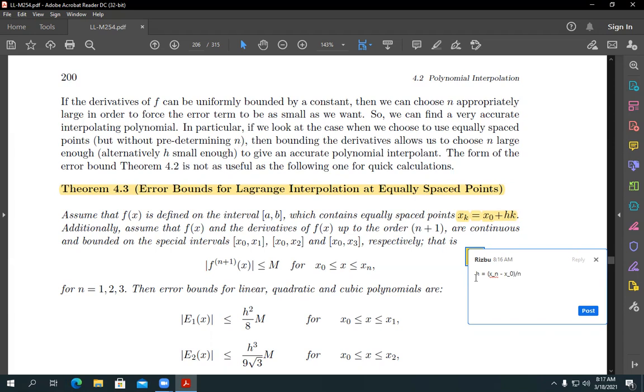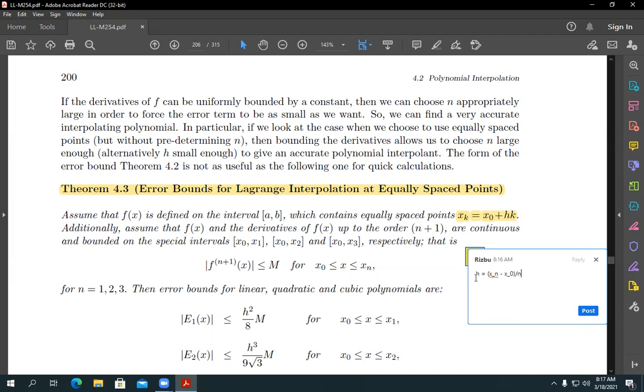This is the formula to find the equally spaced distance between the points. Here x_n is the final point, x0 is the initial point, and n is the degree of the polynomial.